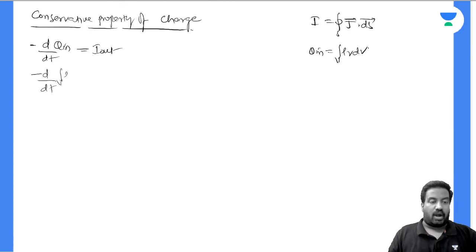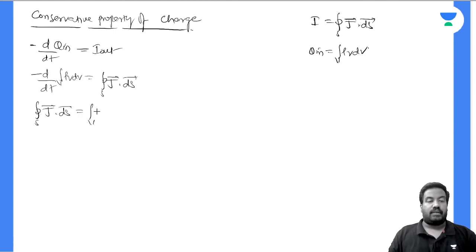Minus d by dt of the volume integral of rho v dv is equal to the closed surface integral of J dot ds. The closed surface integral of J dot ds is the volume integral of minus dou rho v by dou t of dv.